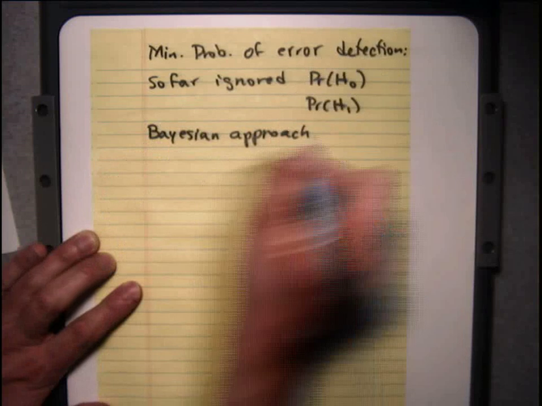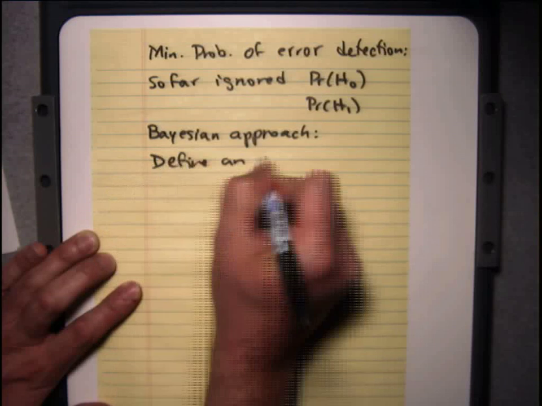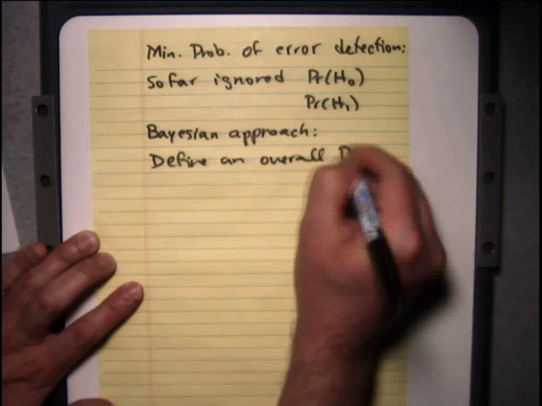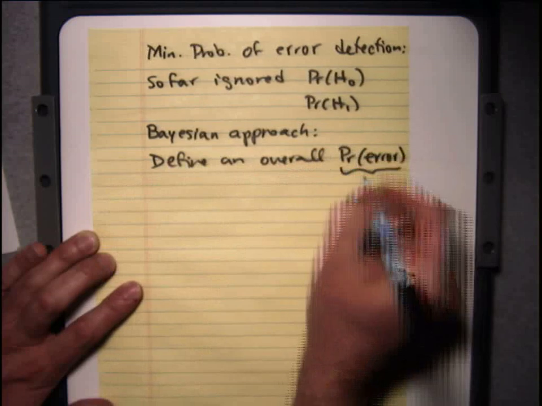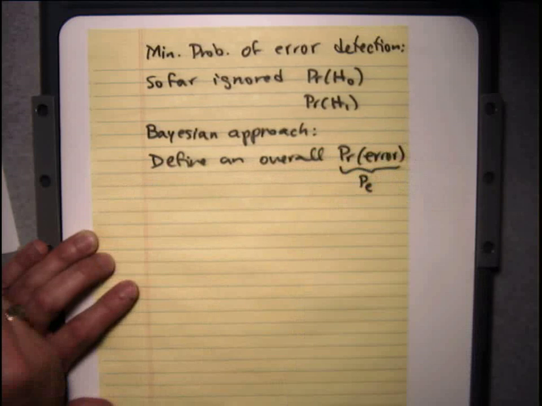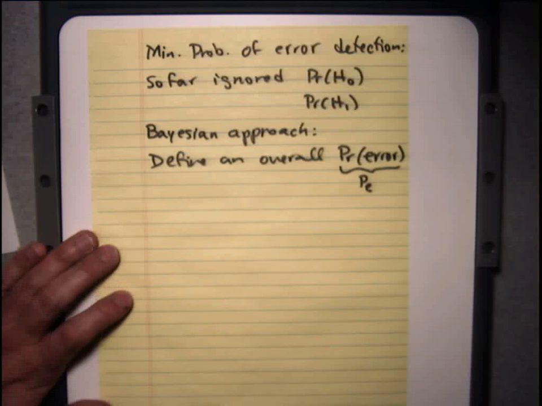What we can do is define an overall probability of error, and we summarize this by writing it as P sub E. So what's the probability of error? Remember we had two different kinds of errors we could make.